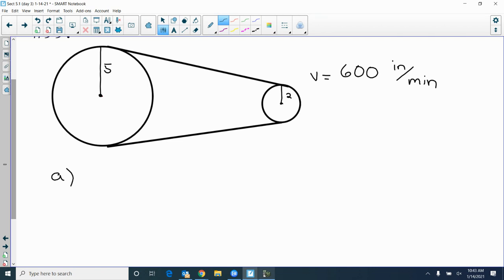How do you do that? Okay, so think about that. How many revolutions does a bigger pulley make in 1 minute?